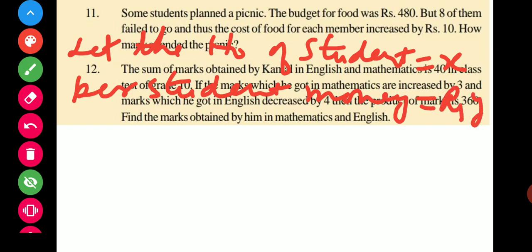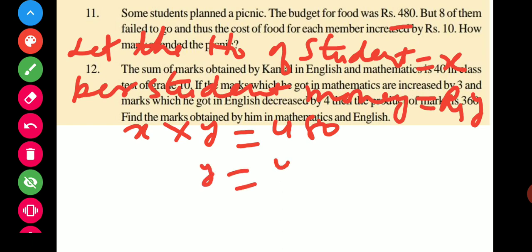So according to the question, it is x into y is equal to 480. So we get here the value of y, that is 480 upon x. We will put it on next session.